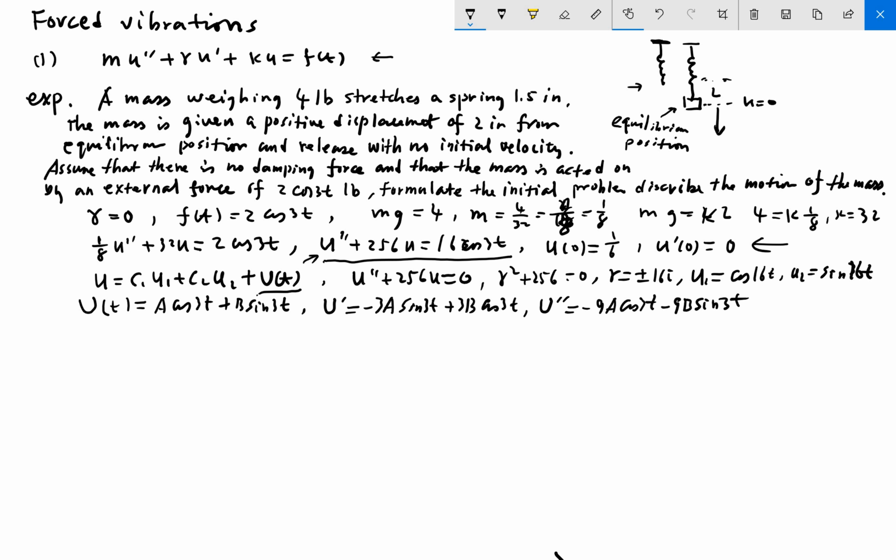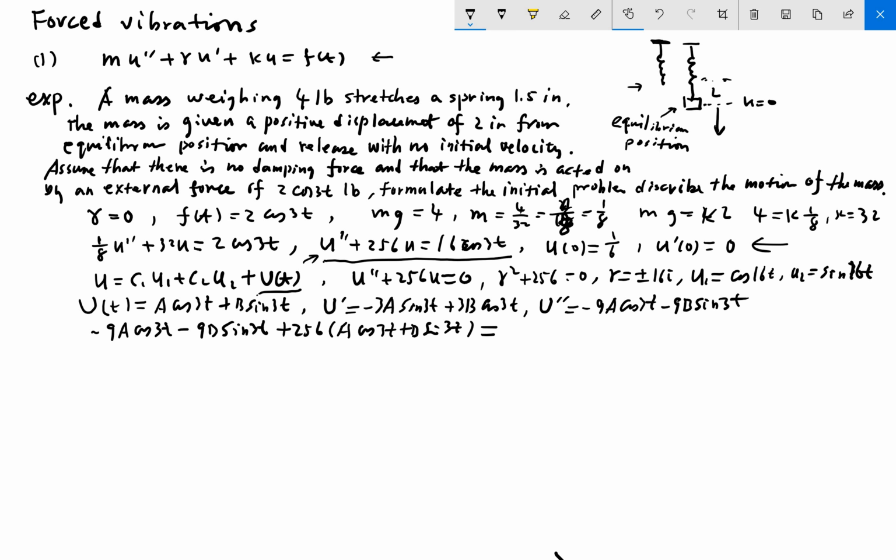So we got a capital U double prime, which is negative 9a cosine 3t minus 9b sine 3t, then plus 256 capital U, which is a cosine 3t plus b sine 3t.